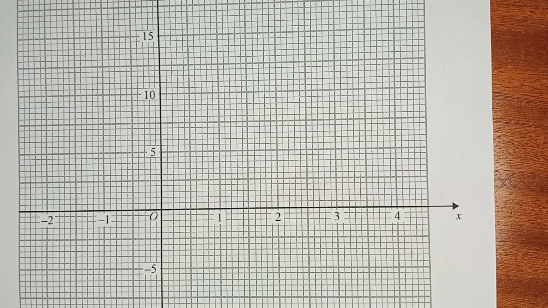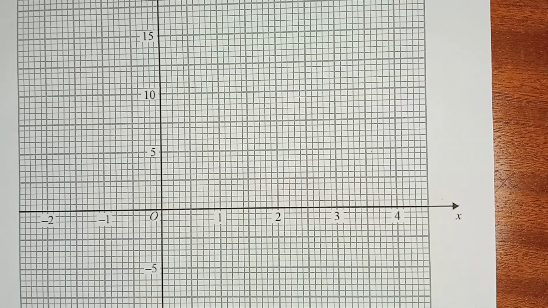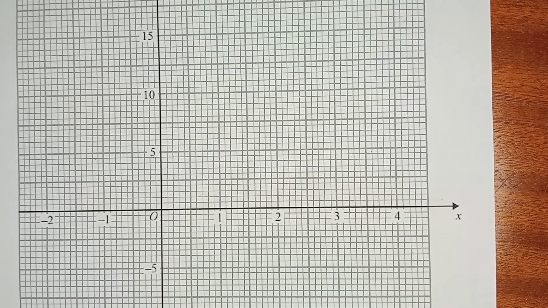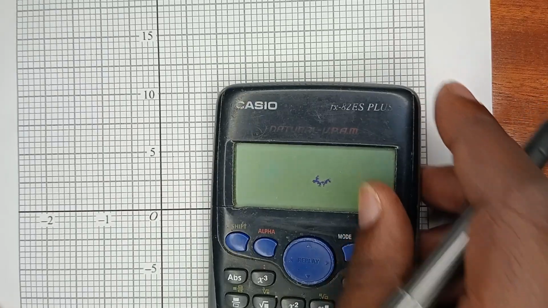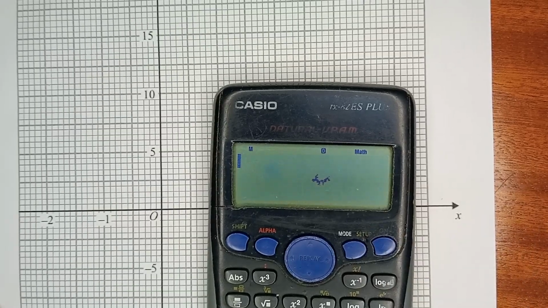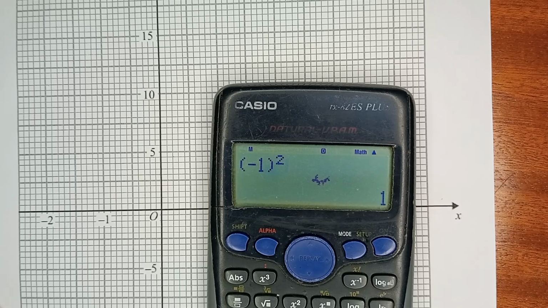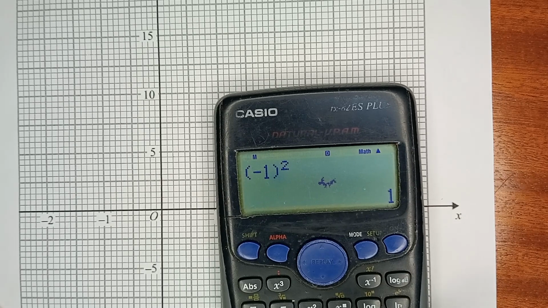When x is -1, -1 squared is 1. Those of you who want to use calculators should remember to put -1 in brackets and then square it, and the answer is 1.